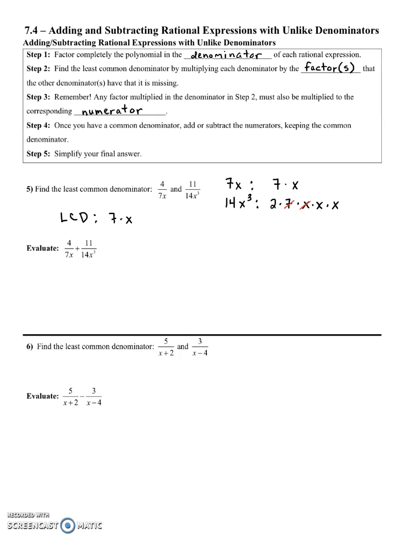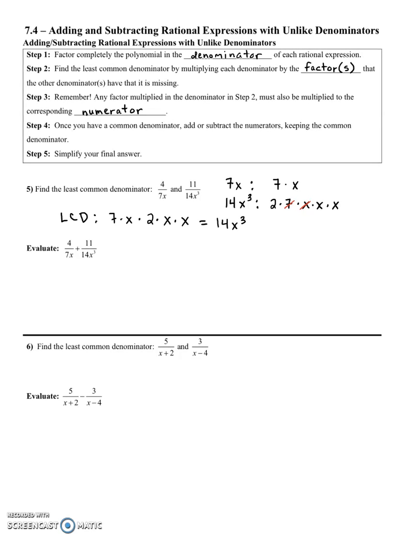So if we cross those out, what's left is 2 times an x times an x. So altogether, that's going to be our least common denominator. Now, if we multiply that all together, we get 7 times 2 is 14, and x times x is an x cubed.